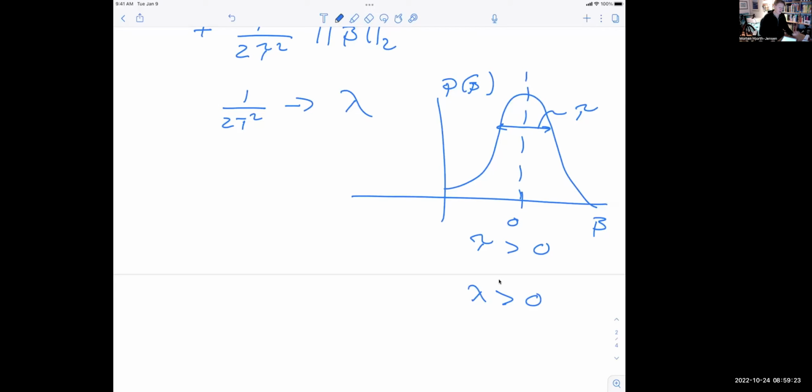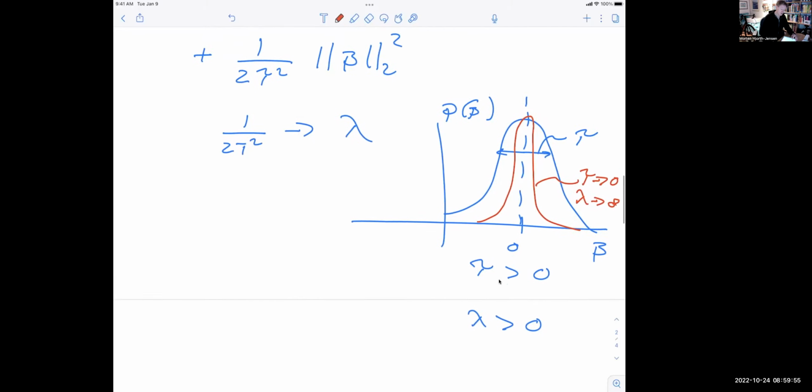So if I now shrink the parameter tau squared, that means I'm making my distribution more narrowly distributed around the mean value. So that means that tau goes to 0 and lambda goes to infinity. So by making tau smaller, I'm shrinking the error in p of beta, but then I'm making larger values for lambda.